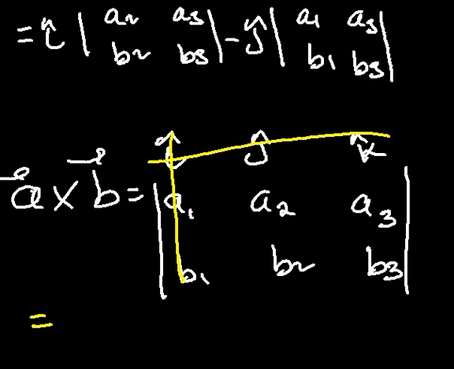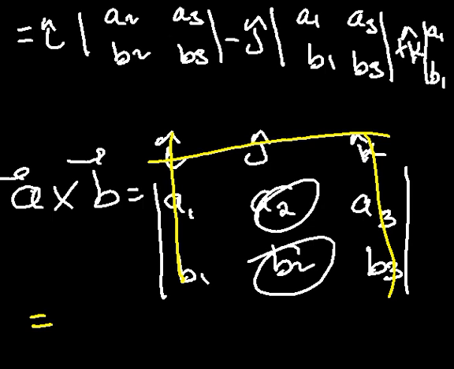And we'll have a plus, now for K, which means we mask this one out. Whatever is remaining is for K, that is A1, B1, and A2, B2. Let me have it here properly.